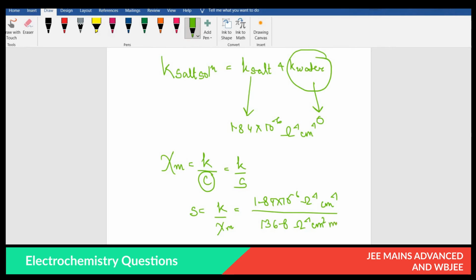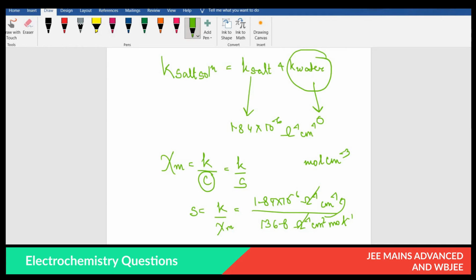Now, the unit mentioned in your answers is mole per liter, which is your molarity term. First of all, centimeter square is there and centimeter minus 1 is there. If I take this centimeter upwards, we would get centimeter minus 3. Now, this ohm inverse and that ohm inverse will cancel, and mole inverse in the denominator goes upwards and becomes mole.